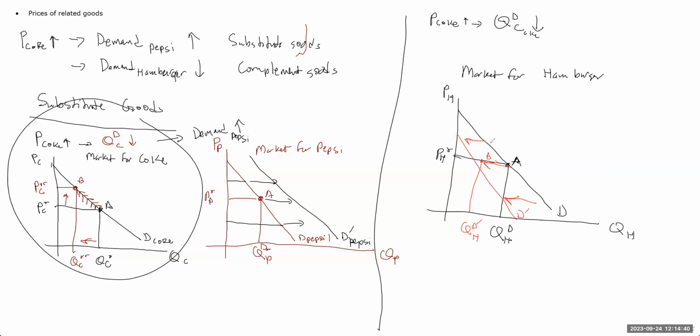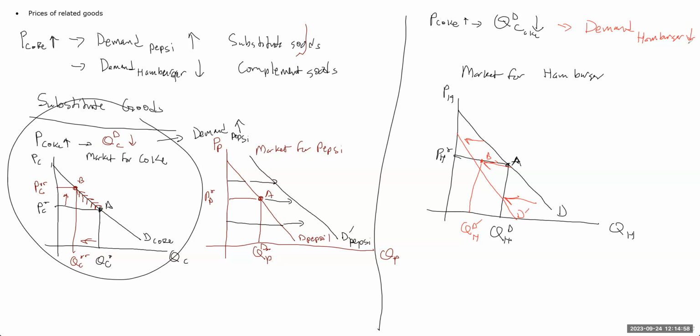So the demand curve shifts to the left, which means that the demand for hamburgers falls.